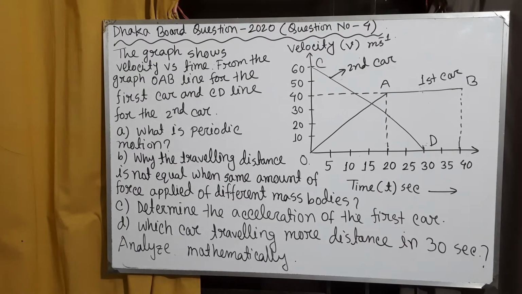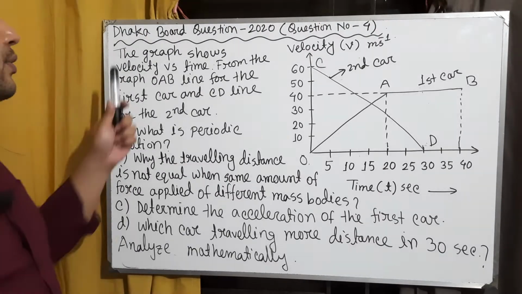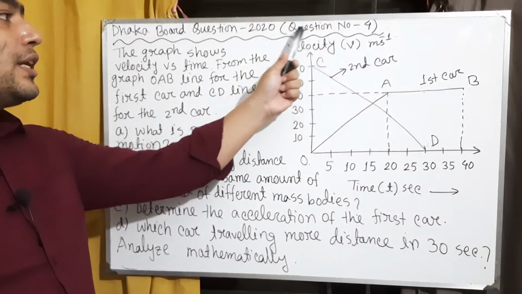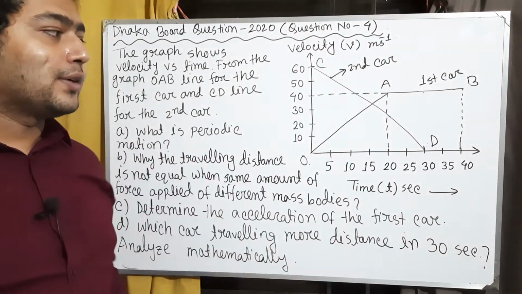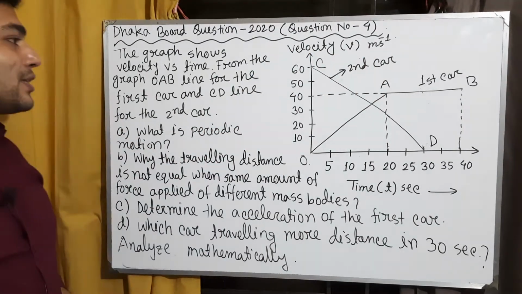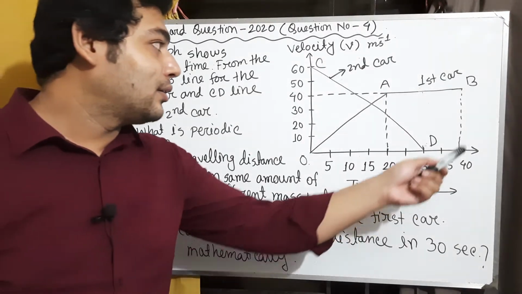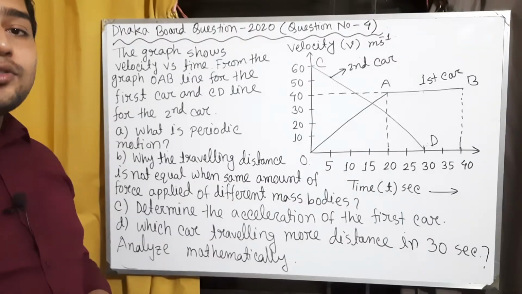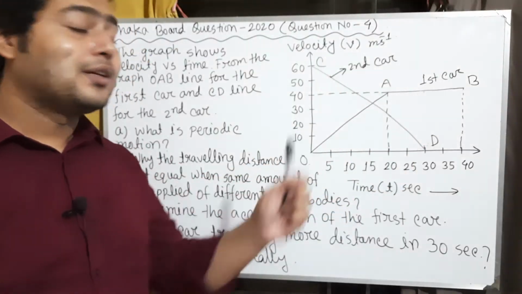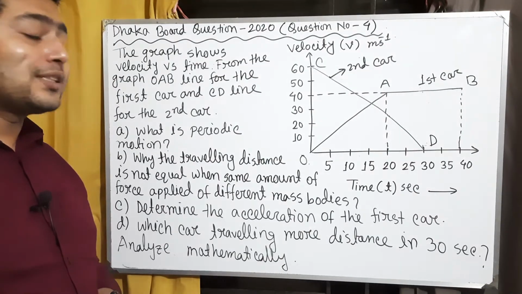This is our Dhaka board question number 4. Here you see a graph. This is our stem for this question.